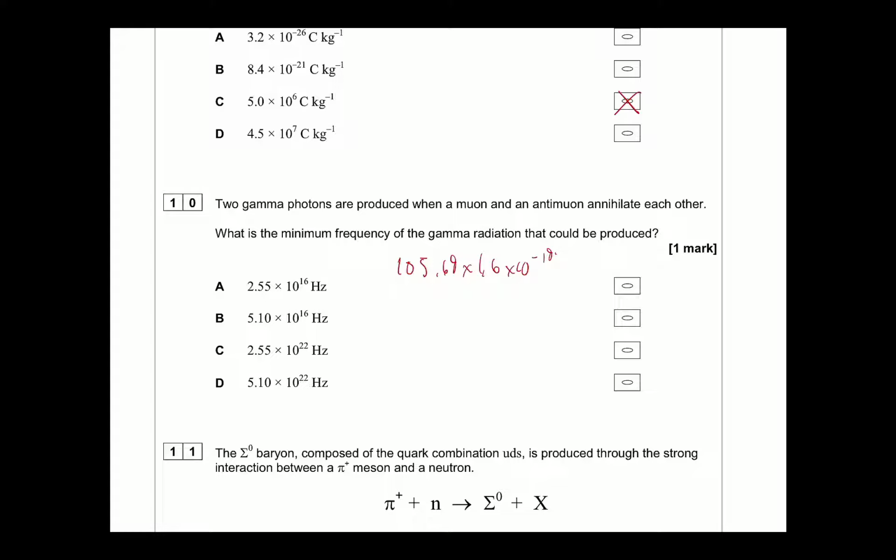And then we have to divide that energy by h, 6.63 times 10.